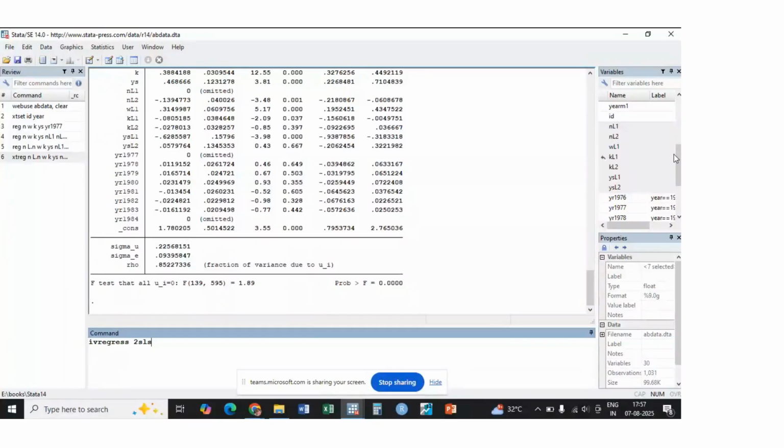Hold on a second. I'm trying to see if you can. We have to create the first difference variables, right? That is not created. Let me see if there is an easy way to do it, without creating the first difference variables.